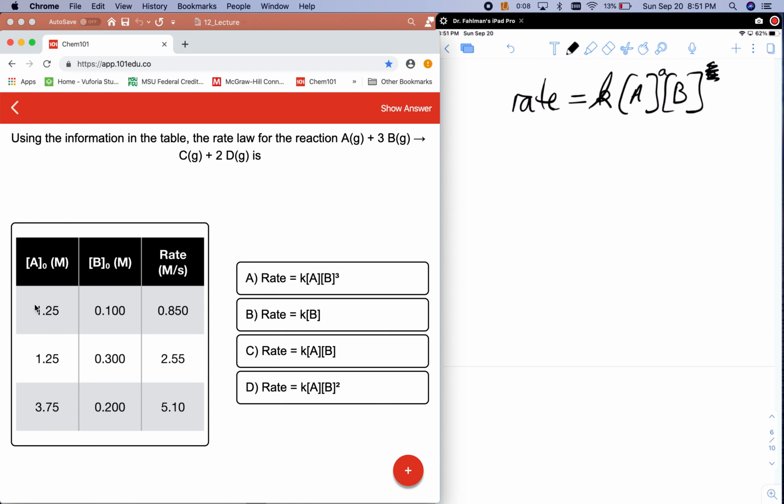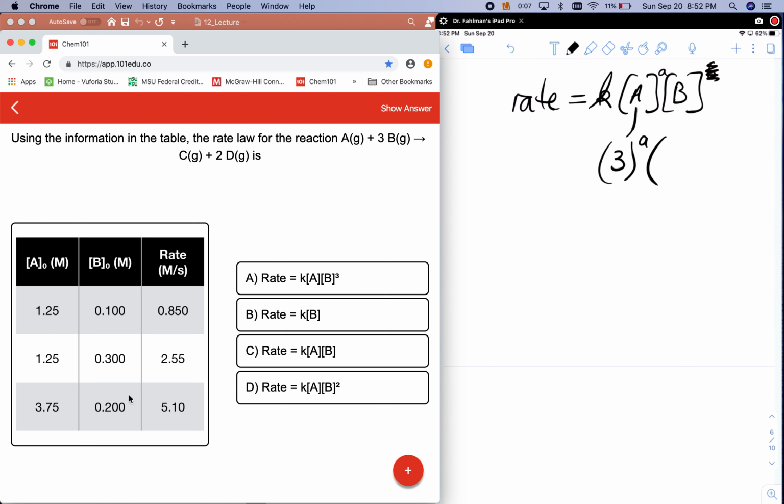Figure out what the rate is doing with respect to A here: 3.75 divided by 1.25, so that's a factor of 3. Then look at B for this experiment. I'm comparing experiments 1 and 3 here, so A is going up by a factor of 3.